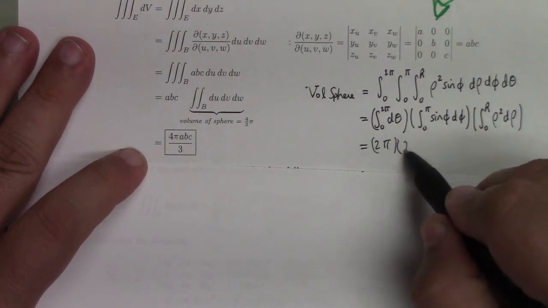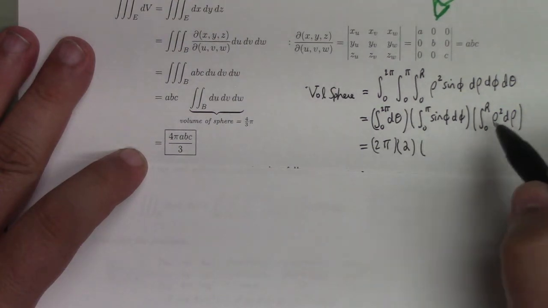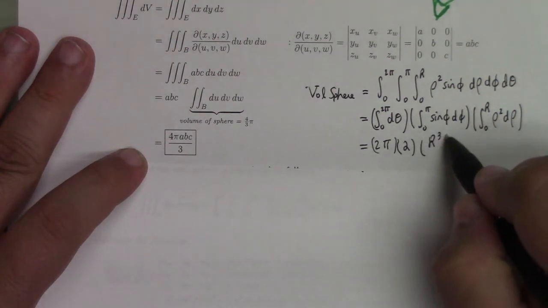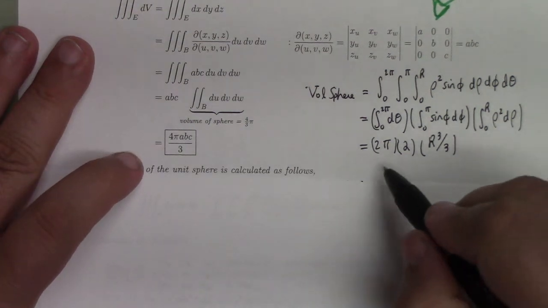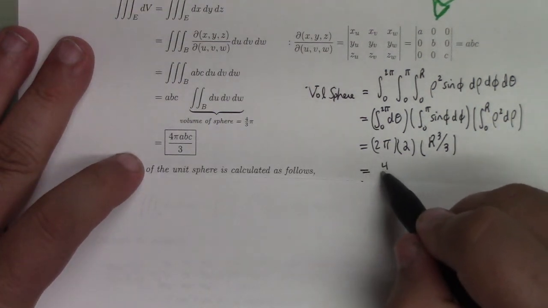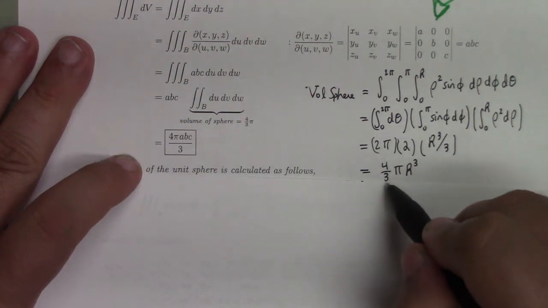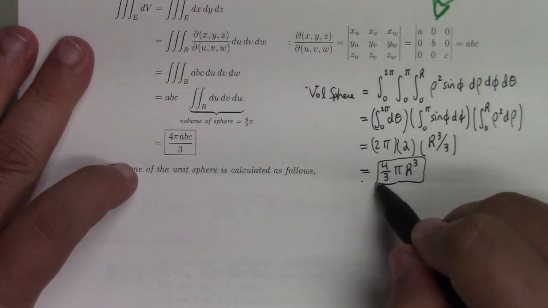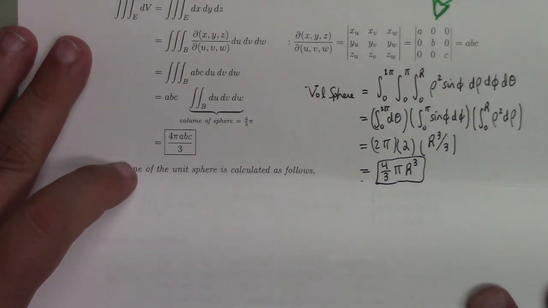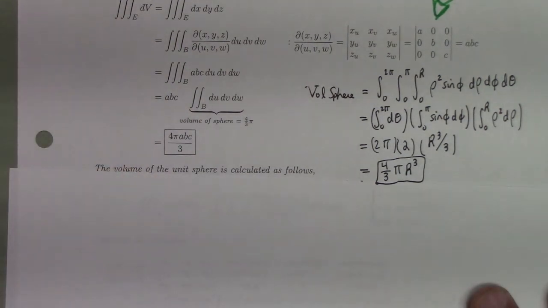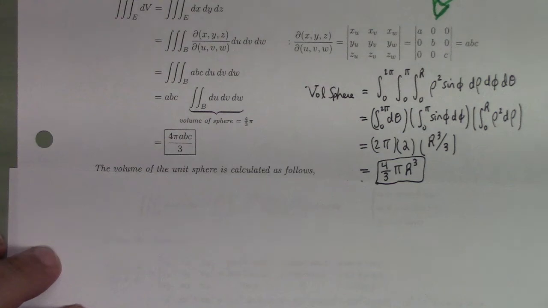This integrates to 2. And that integrates to r cubed over 3. And that's the reason that the volume of a sphere is 4/3 pi r cubed. That's a result that we should know. And more than just know, now we can derive it. It's easy to derive with spherical coordinates.